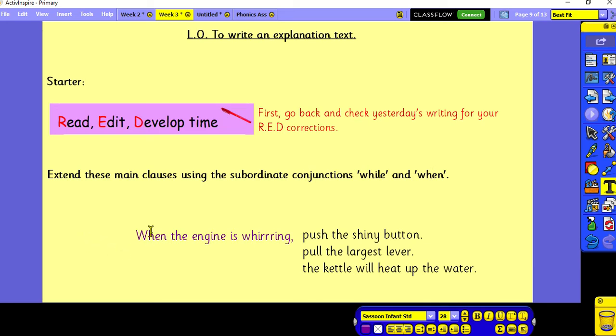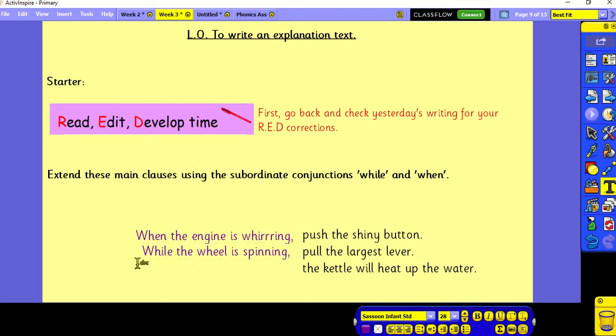So I have already used when, so now I am going to use while, remembering that they both mean at the same time as. So, while the wheel is spinning, comma, pull the large lever.